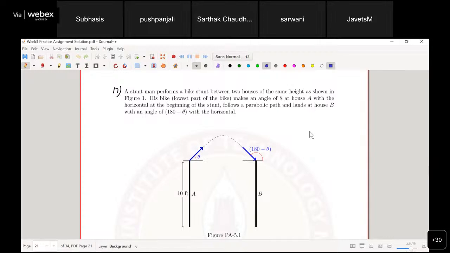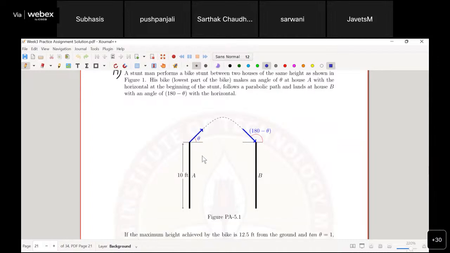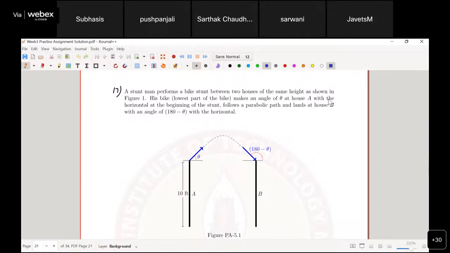Yeah, so it's given that the stuntman performs a bike stunt between two houses of the same height as shown in the figure. His bike makes an angle theta at house A with the horizontal at the beginning of the stunt and follows a parabolic path and lands at house B with an angle of 80 minus theta.